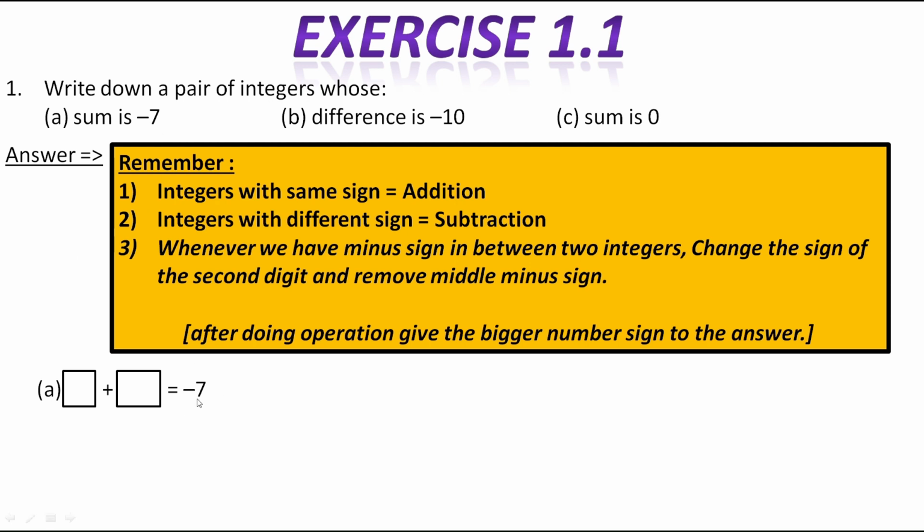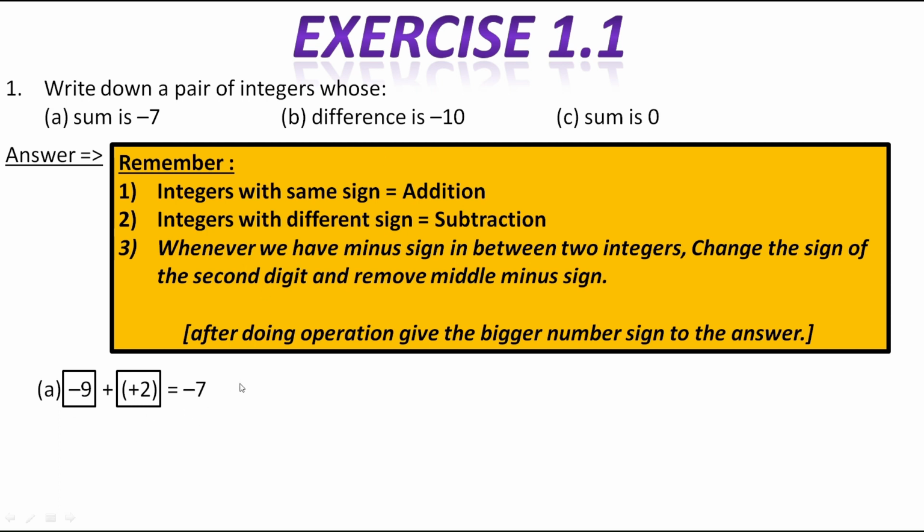The answer will have the sign of the bigger number, so the bigger number should have the minus sign. Here I am taking the numbers minus 9 and plus 2. I have taken 9 as the bigger one, which has the minus sign, so I can give this minus sign to the answer as per this rule.